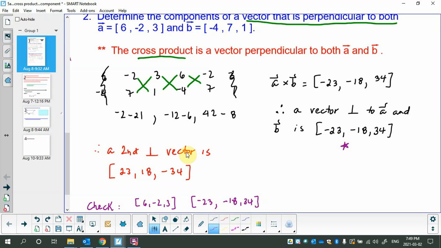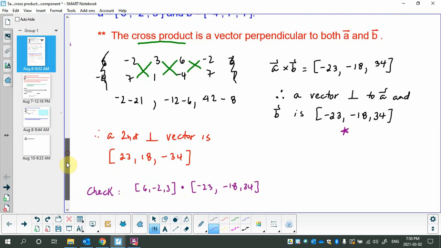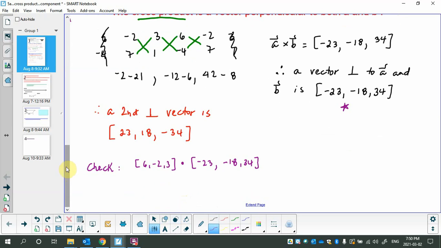And apparently, if two vectors are perpendicular to each other, their dot product should be 0. So how about I check the dot product of that? Now, I do want you to know that I plan on checking the second vector as well. So there was vector A, that's this check, and there's vector B, just so I know if my answer is correct.